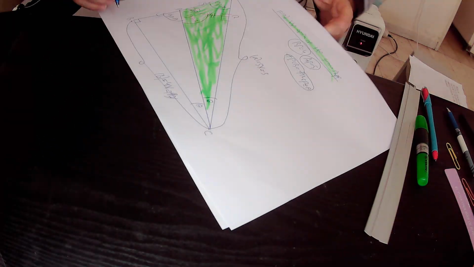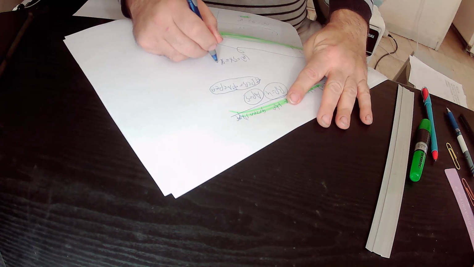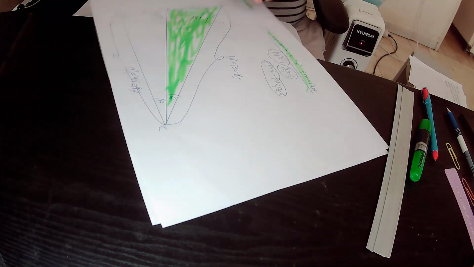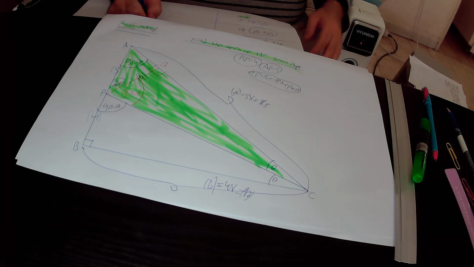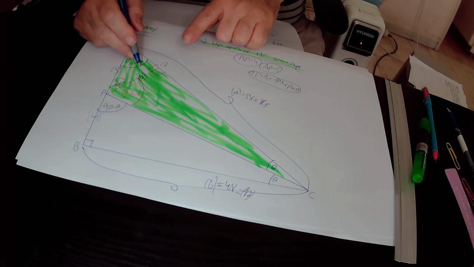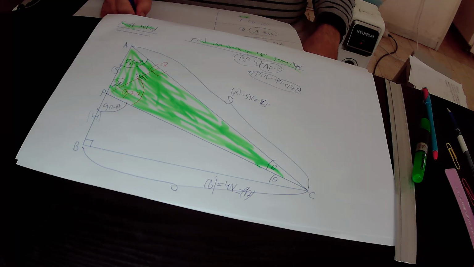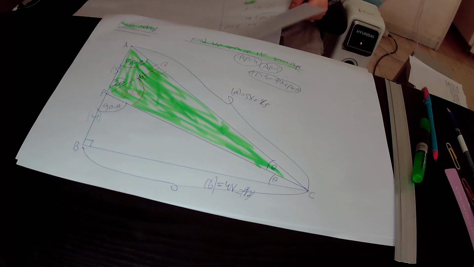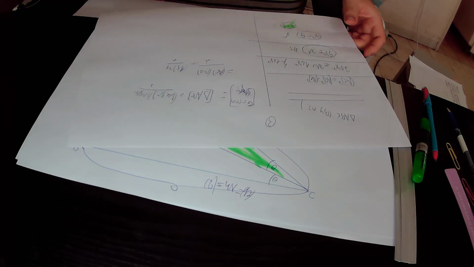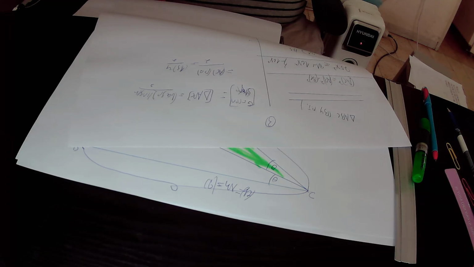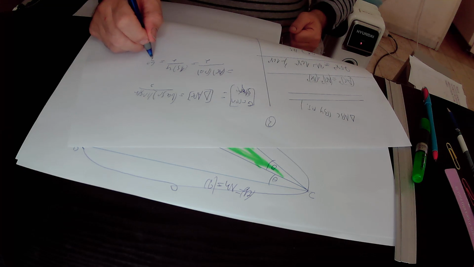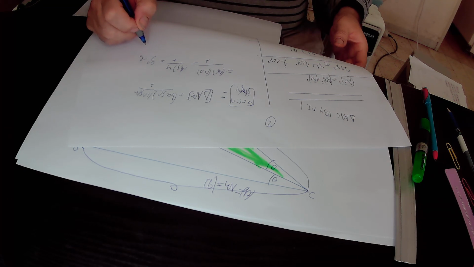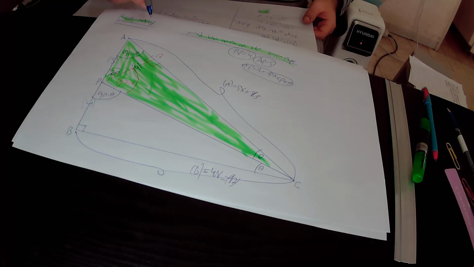AC equals 15, this is 5 times 3, this is 15, times PQ equals 4, divided by 2. So in total, the area of the green shape equals 15 times 4 is 60, and 60 over 2 is 30. So the area of this green shape equals 30 square units.